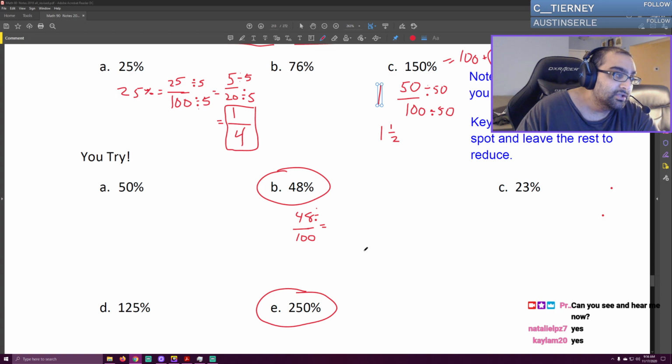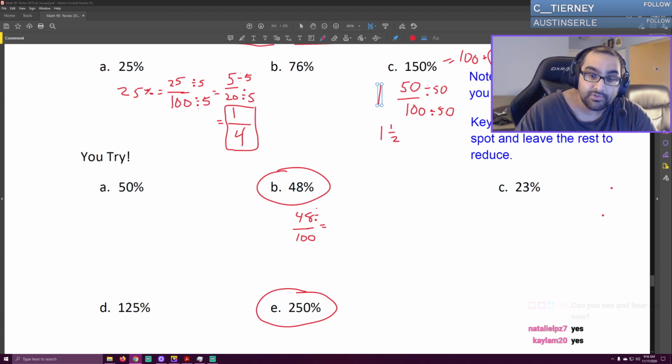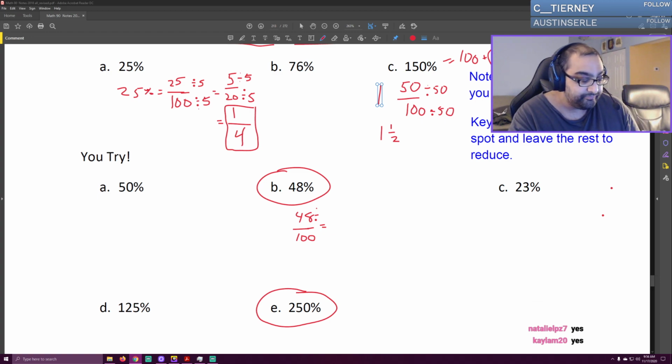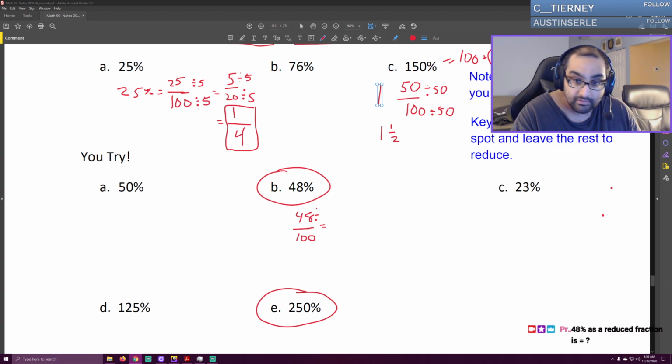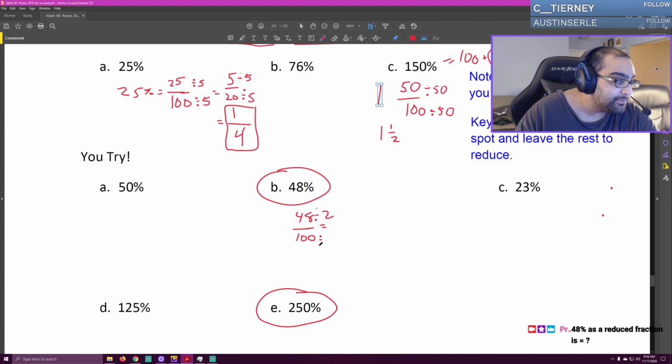All right. So here we tried 48 over 100. Did anybody get 48% as a reduced fraction? So 48% as a reduced fraction is, you could probably start off here dividing by 2 at the very least.